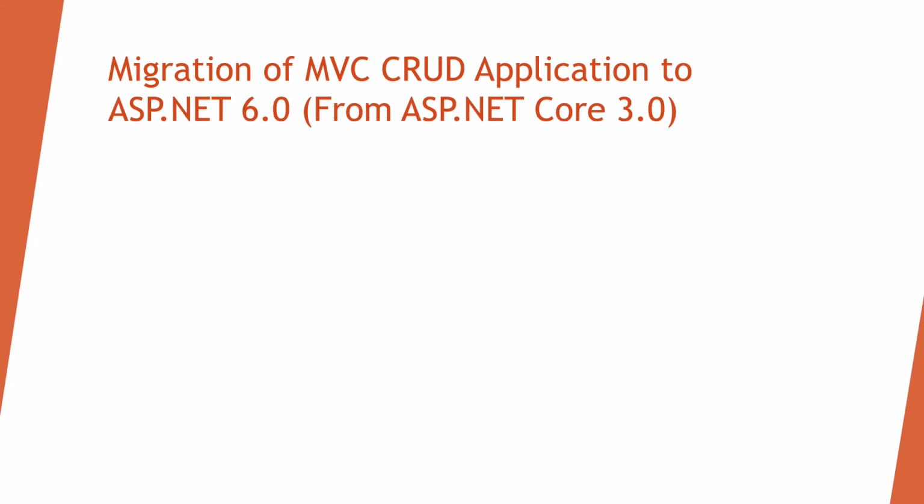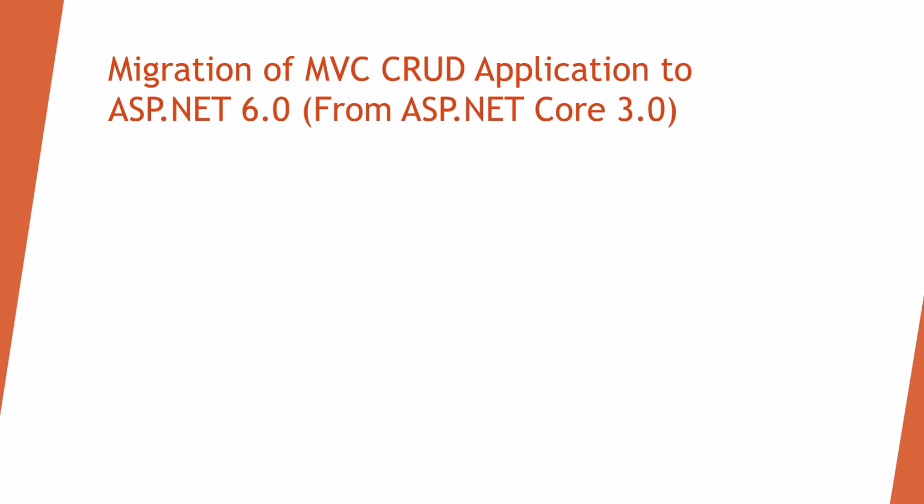But in order to enjoy the advanced debugging facilities, hot reload, and many other advanced Visual Studio 2022 features, which even though you can open ASP.NET Core in Visual Studio 2022, you'll not be able to use some of the features, all right? And you'll be using the latest version of C#, which is currently still the C# 10 version in ASP.NET 6.